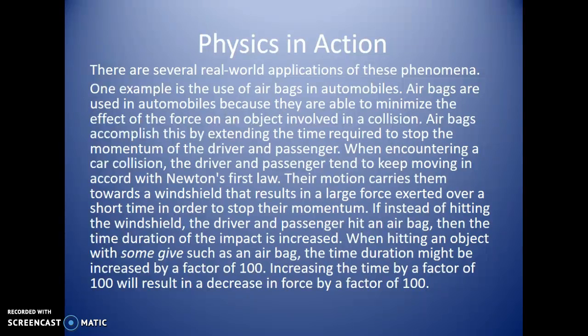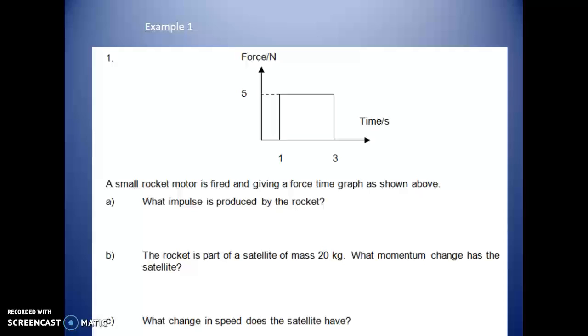So what happens is the airbag is depleted, and that causes the impact to be extended over a period of time, and the duration of the impact will increase. So that will cause less damage. Obviously there are exceptions to that.